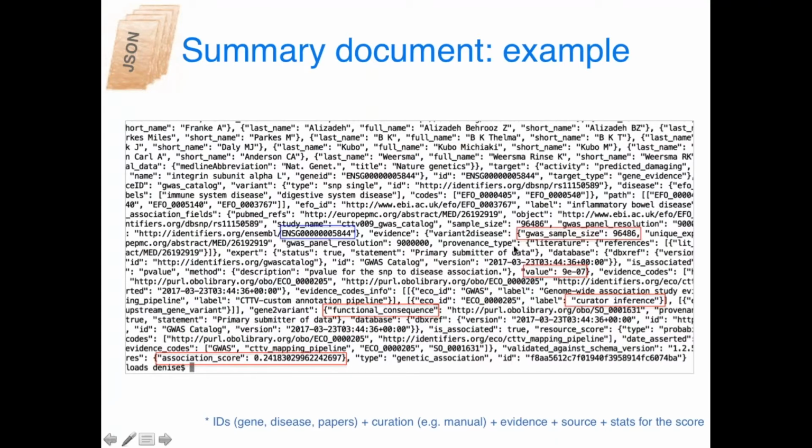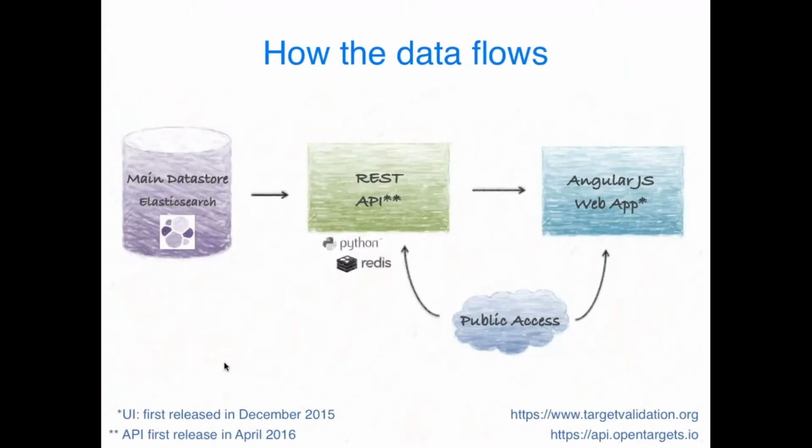So that is reported as well in our JSON file, and also we compute an association score for a given SNP, for example. So this is the information that is captured in the JSON file, and it varies depending on the data source that we rely on.